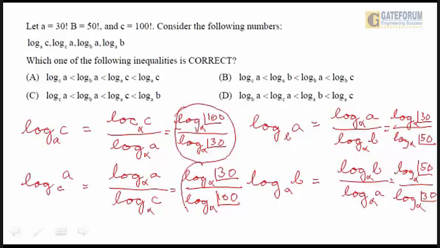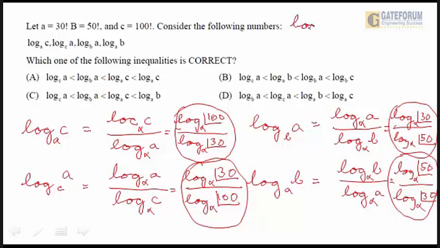So now we will have to compare between all of these, which one is larger and which one is smaller. Now this is a very simple thing, because if you notice, all the bases have been made to be the same. So now it's just the values that we will compare. Naturally, log of factorial 100 will be greater than log of factorial 50, which will be greater than log of factorial 30 if they all have the same base.